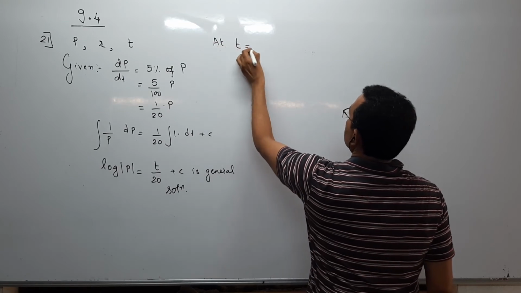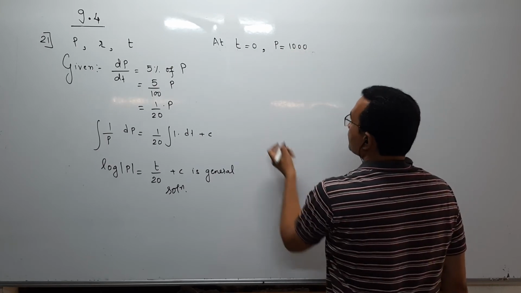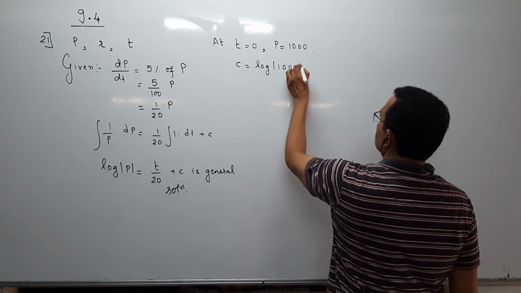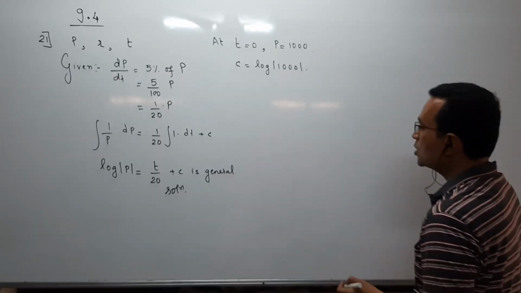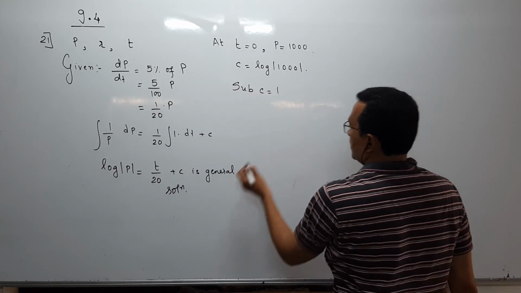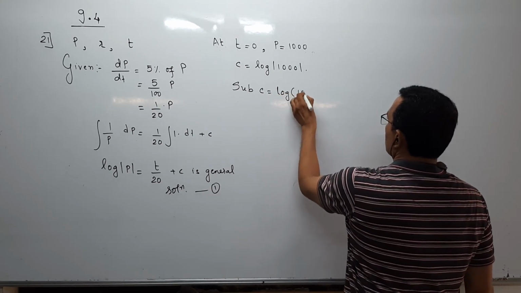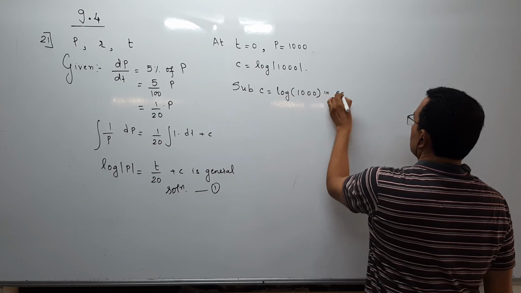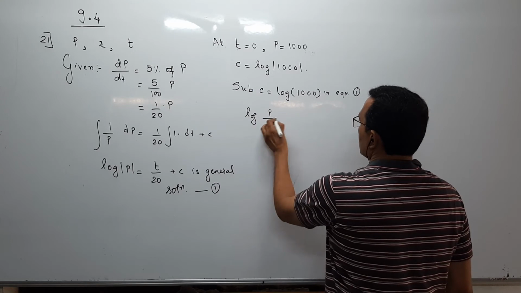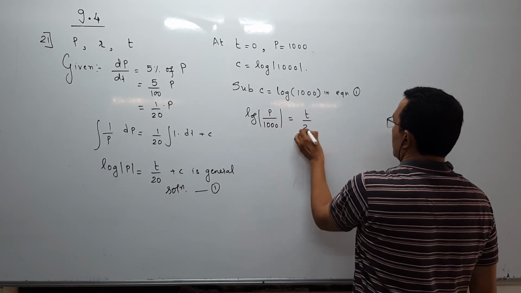At T is equal to 0, the amount deposited was 1000. So C will be log mod 1000 or log 1000. Substituting C, let us call this as equation 1. C is equal to log 1000 in equation 1. Log P minus log 1000 will be log P by 1000 is equal to T by 20.